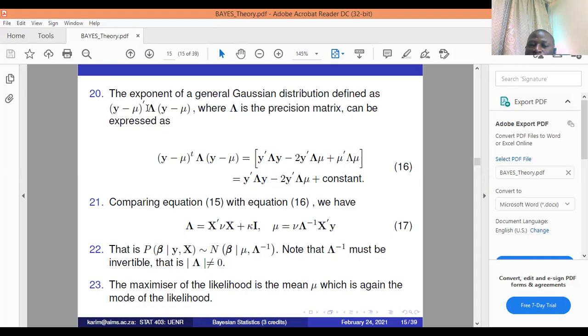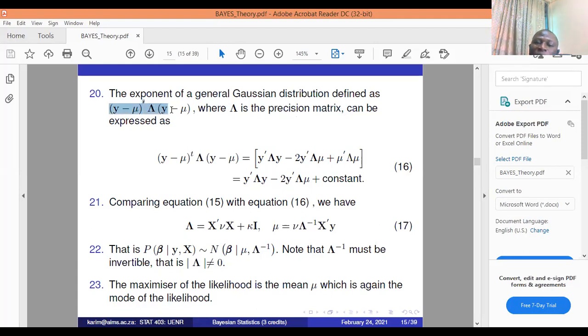That's why we use the sigma to represent the variance covariance. Here we are using the lambda to represent that. So we have y minus the mean. So this represents the variance covariance matrix, or the precision, if you like.